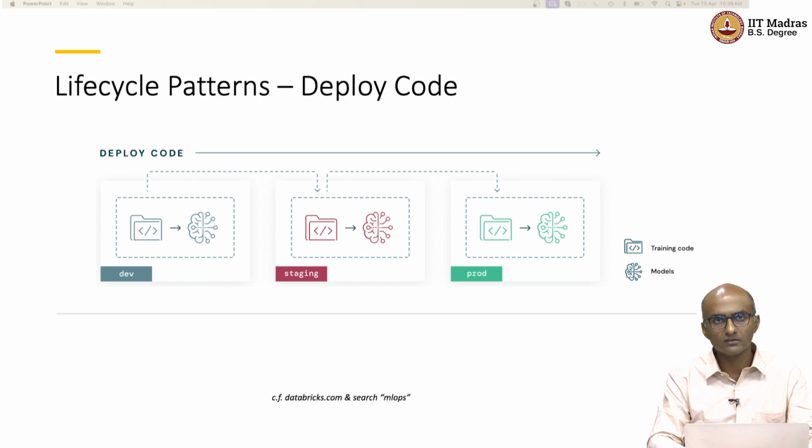So what you then do is you take the code that has been tested and move that to the staging environment, or make a copy of that to the staging environment, and then run that code again to train a brand new model, right? A brand new version of the model in staging.